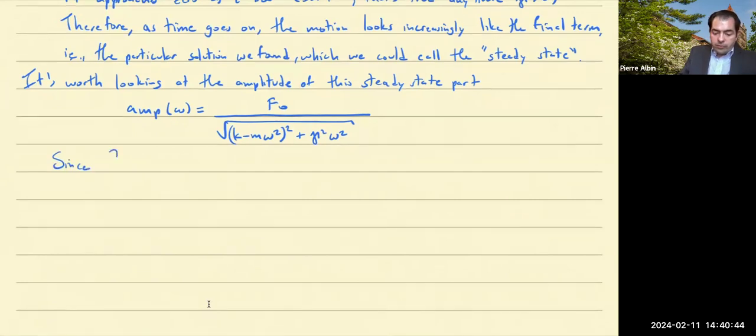Right, so the derivative with respect to omega of this amplitude function would give you minus capital D to the minus 3/2 times omega times gamma squared minus 2mk plus 2m squared omega squared. So again, we have three cases to consider.